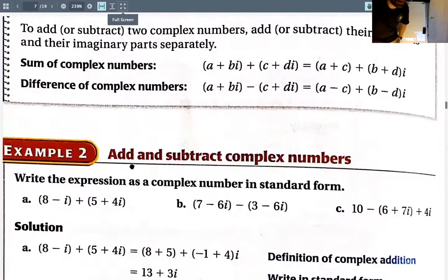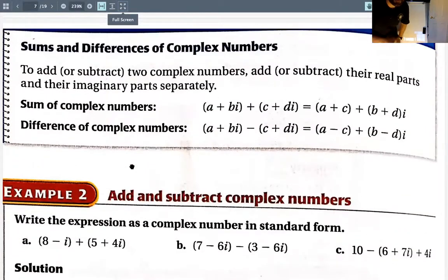So you guys can try these out. Write the expression as a complex number in standard form. We want it to be a plus bi. We want the real part and the imaginary part. Go ahead and write those. It shouldn't take you very long.